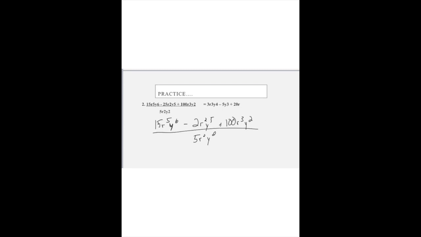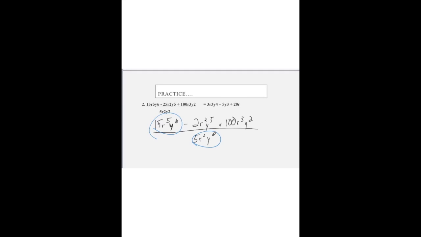So the way that we can look at this, remember when we divide exponents into each other, it's as if you're taking the top exponent and subtracting the bottom exponent from it. What do I mean by that? Okay, so let's look at this divided into this term first.